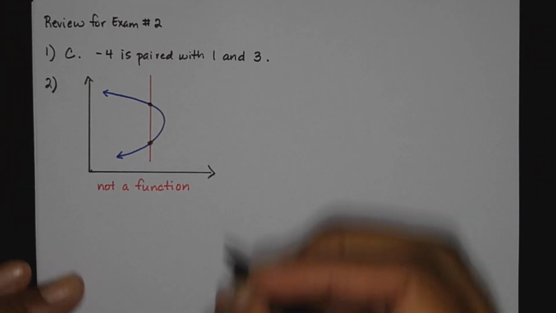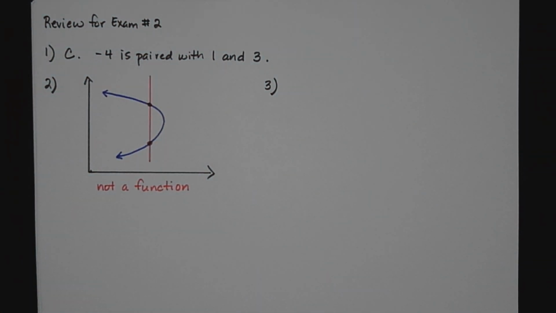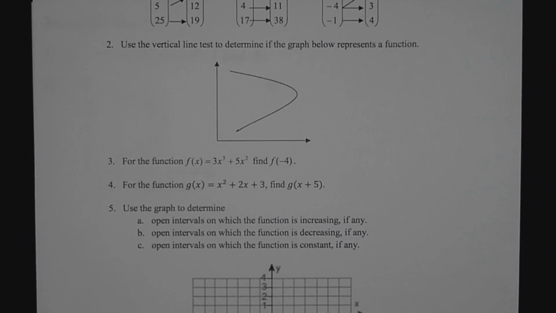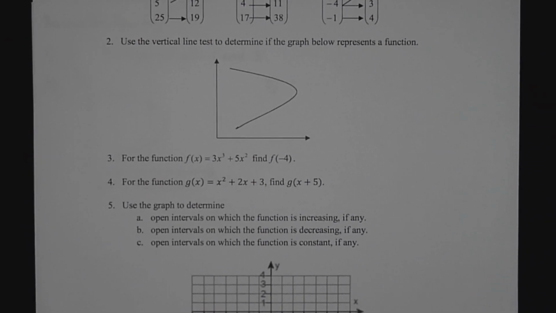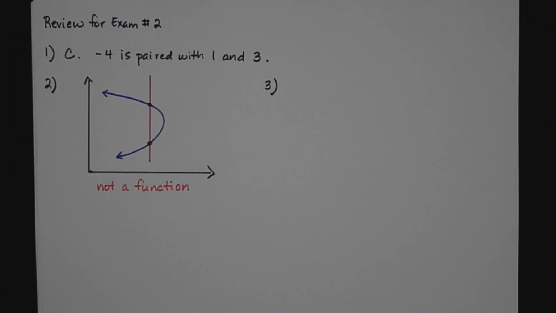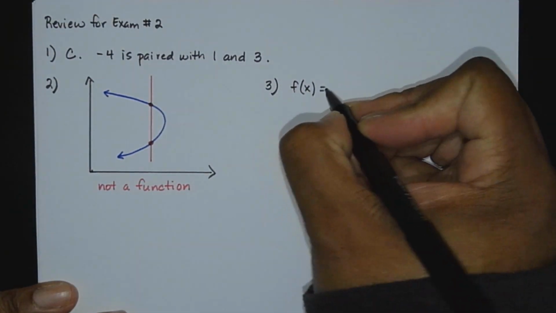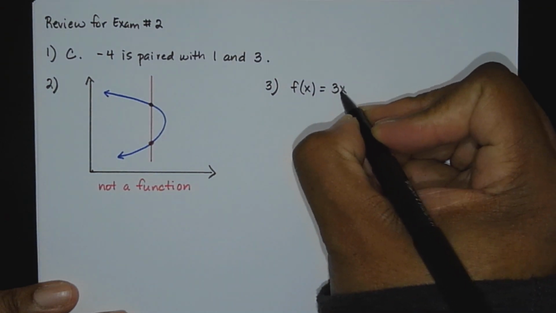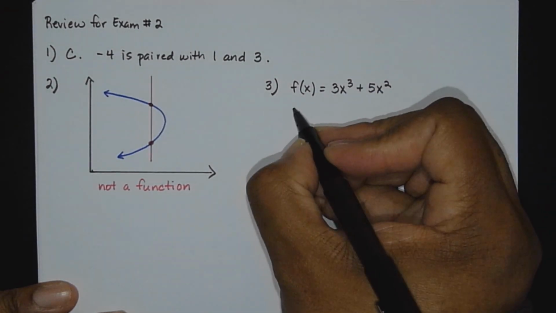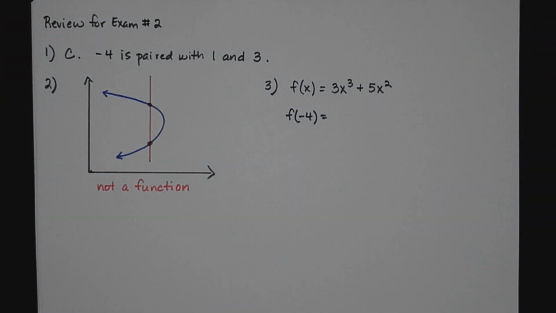All right, number three. It says here, for the function f of x equals 3x cubed plus 5x squared, we want to find f of -4. So here we have f of x is equal to 3x cubed plus 5x squared, and we're going to find the value of this function when x is -4.